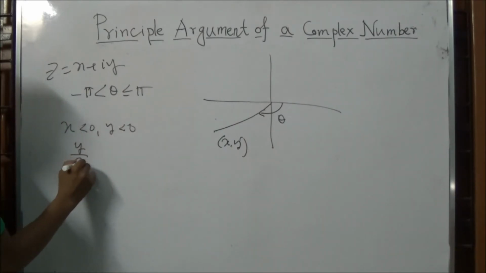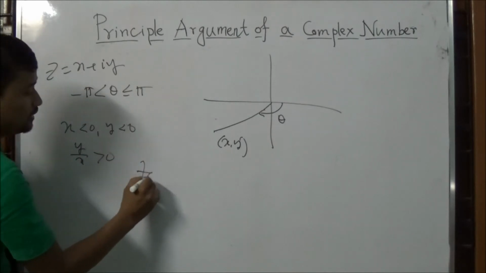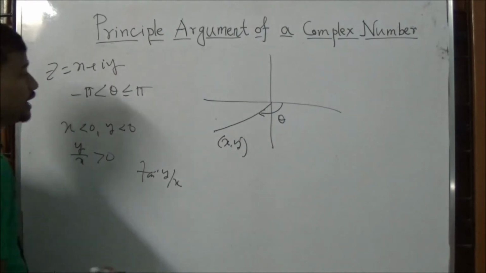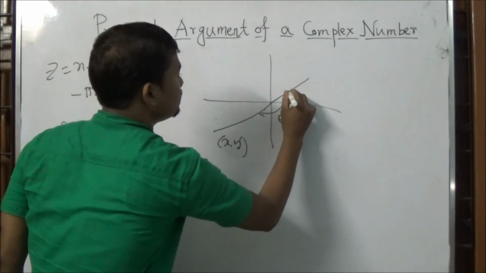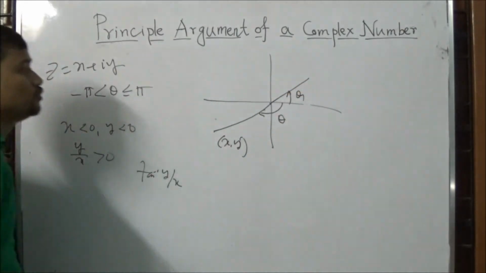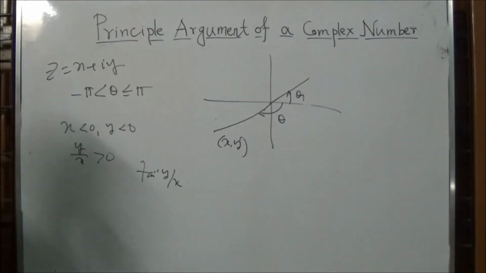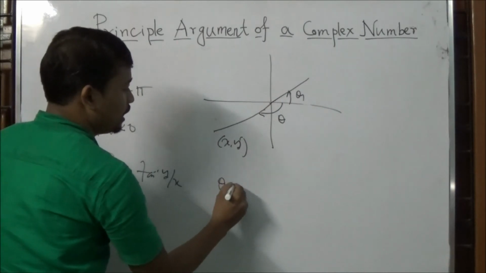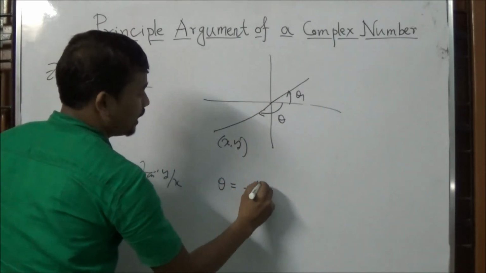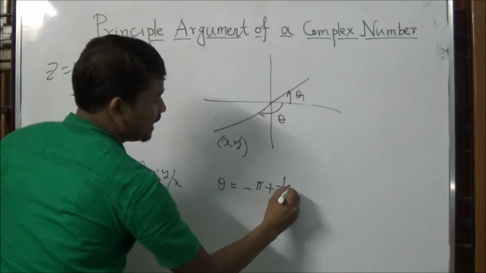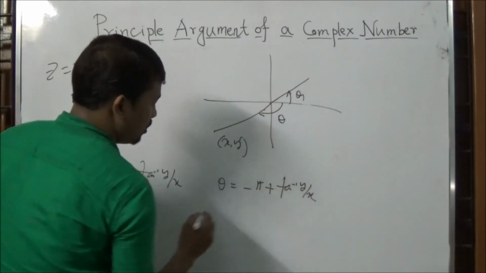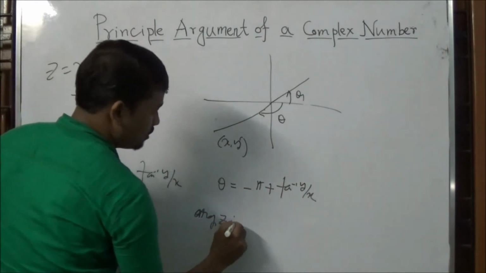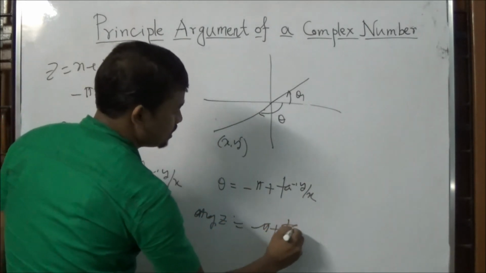So y by x is positive. Here tan inverse y by x will not give the angle theta. Instead, it will give the angle theta 1. So to get theta from theta 1, we have to add minus pi to theta 1. So theta equal minus pi plus theta 1, that is minus pi plus tan inverse y by x.